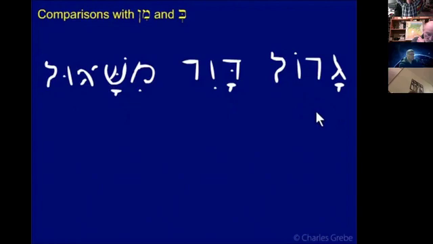Unlike the previous case where they agreed in definite status, here they do not agree in definite status, because David, being a proper name, is by definition definite, even though there's no article here. So this has to be predicate. So David is great. That's how we would translate this if we didn't have this piece. David is greater than Saul. So here we have min again that can be used as "than."